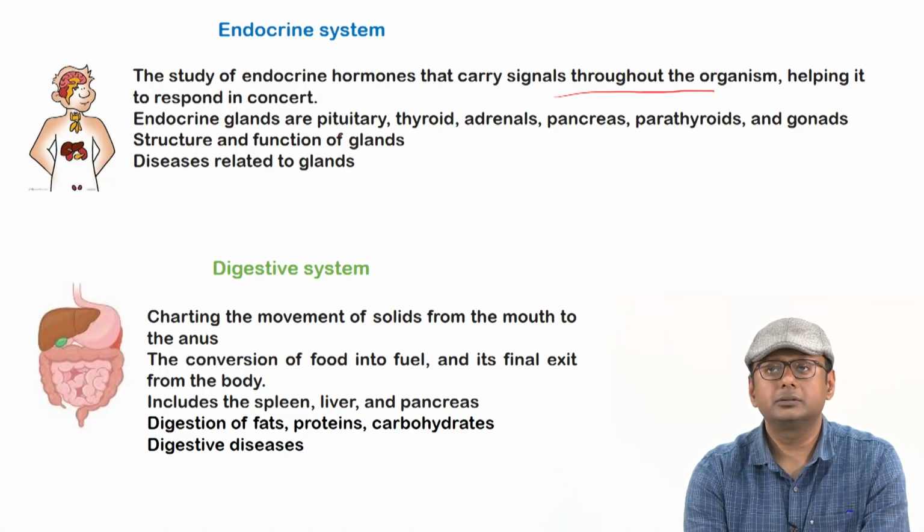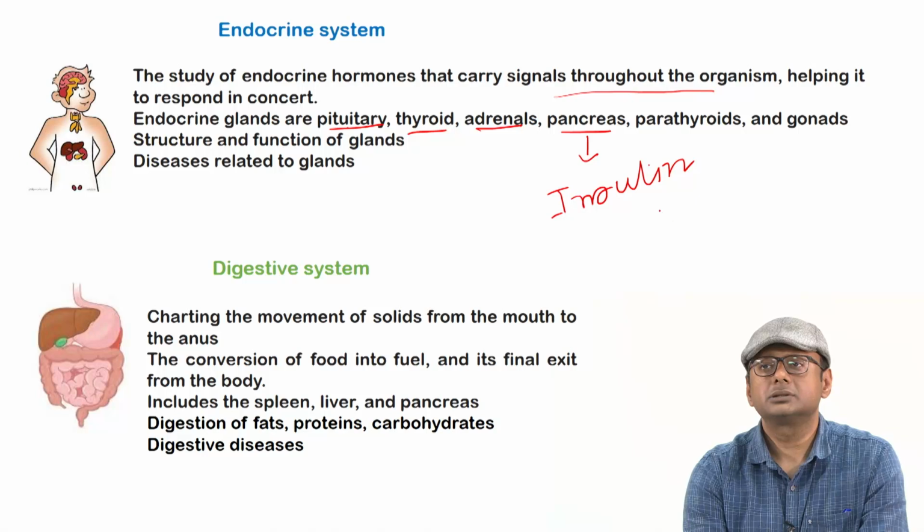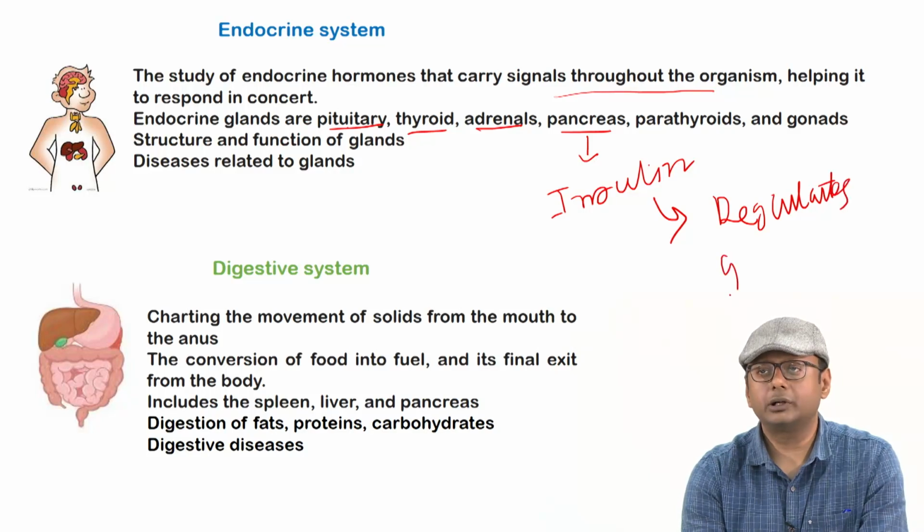Like the pituitary, which is called the mother of all endocrine glands, then thyroid, adrenals, pancreas. The pancreas is very important, right, for insulin. What does insulin do? It regulates the glucose in our body. So that's why insulin is very important, right?